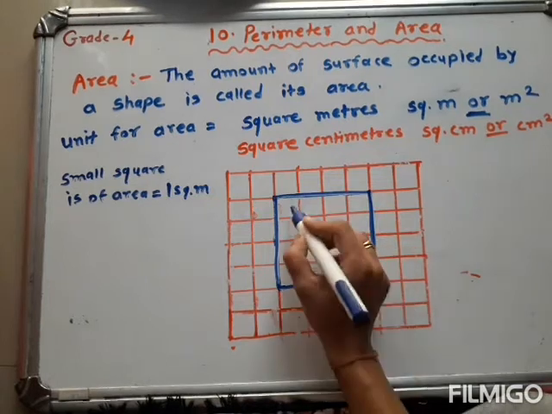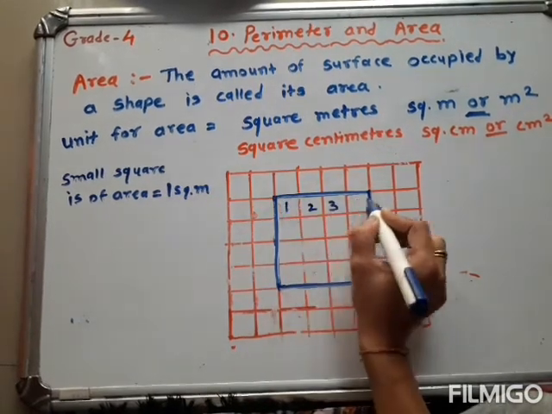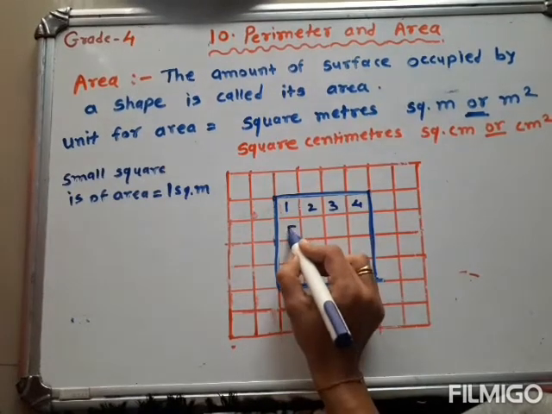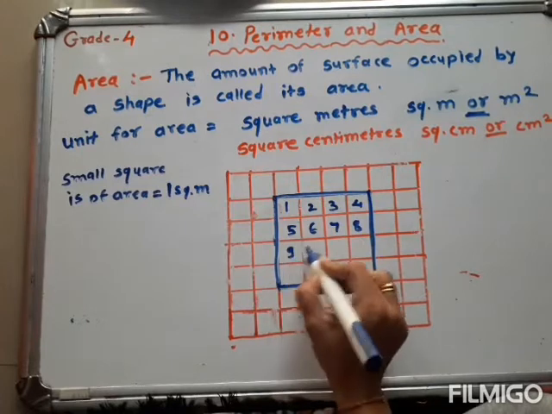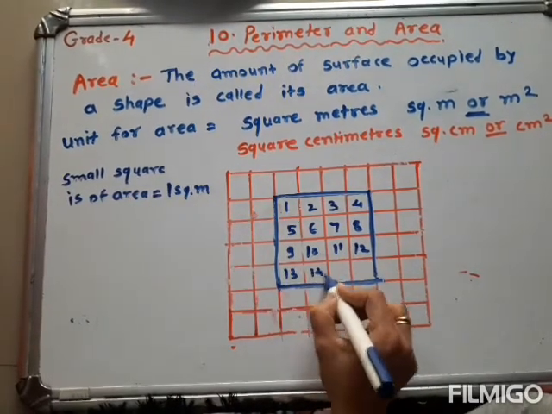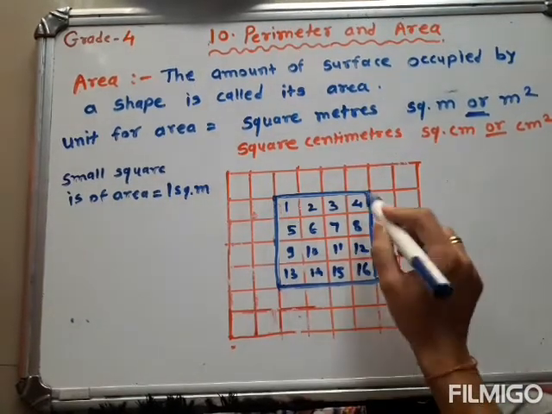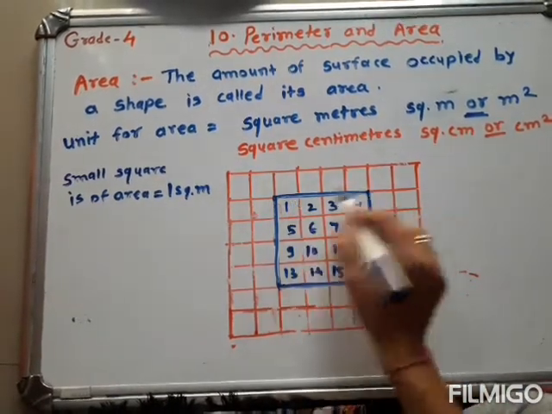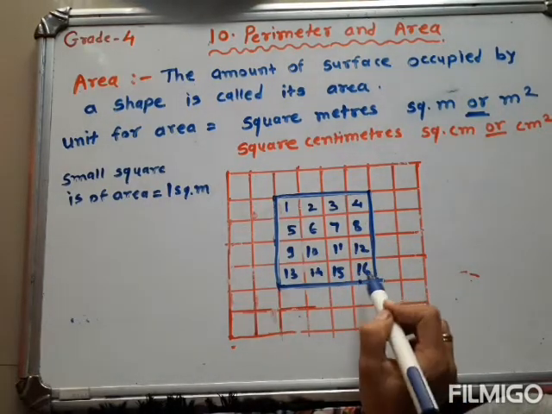See here, how many squares inside? 1, 2, 3, up to 16. So the area of this rectangle is 16 square units.